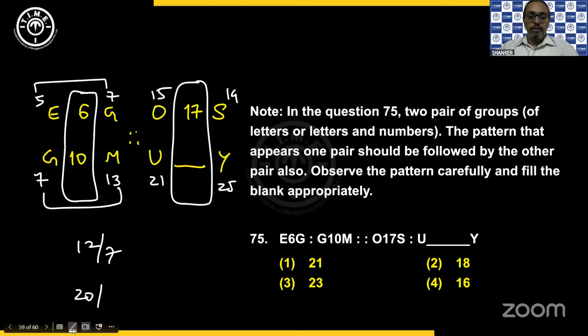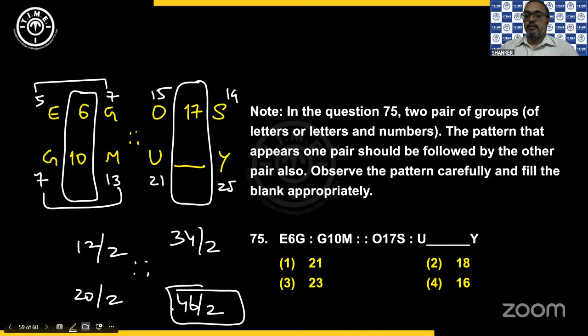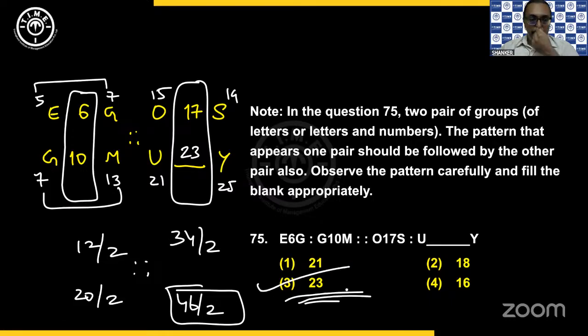So 20 by 2. Correct? In the same way, now you have 15 and 19. Basically, that is 34 by 2. So now 21 and 25, you are getting 46 by 2. That should be my answer. So 46 by 2 is how much? 23. And that is what you pick as your answer. Average of the place values is your answer. Understood?